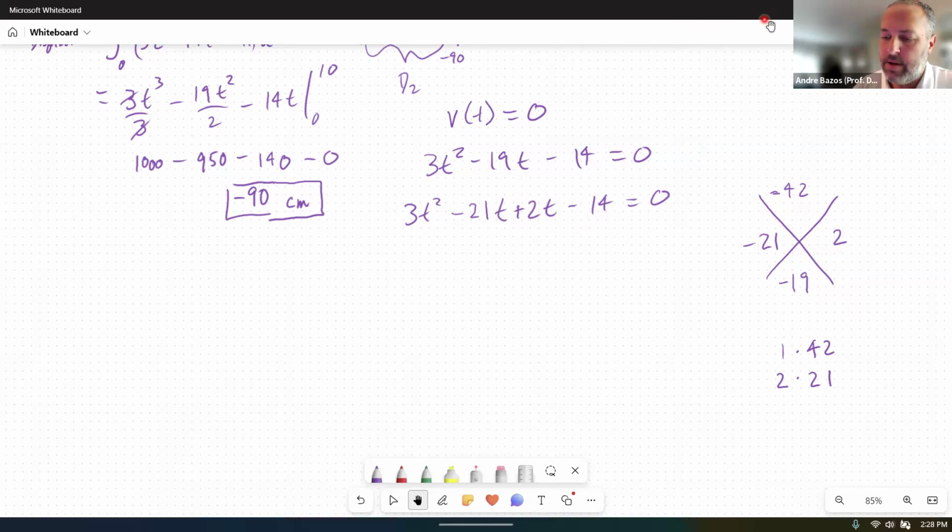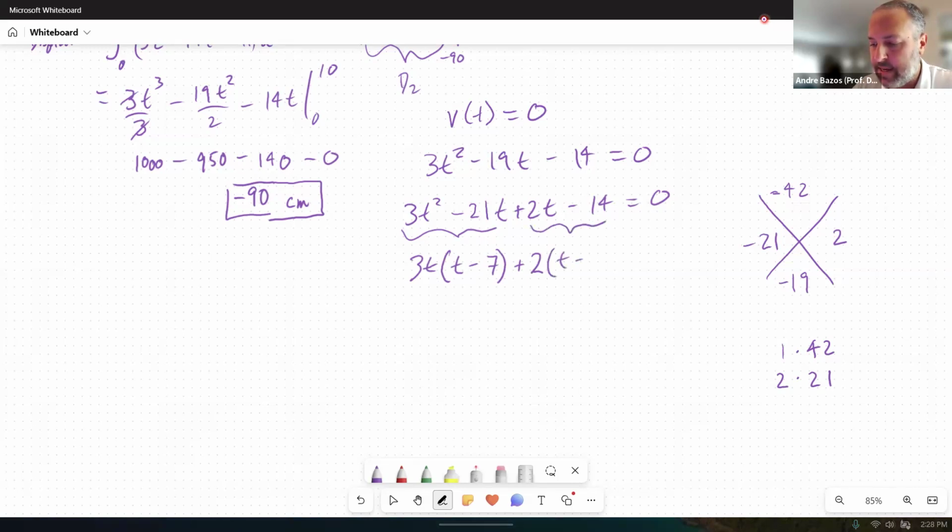All right. So I'm going to group these together and factor out everything I can, which is 3t times, what do I get left? I get a t minus 7. So if I did this right, I'll factor out everything I can from the next grouping, these two, which is 2.